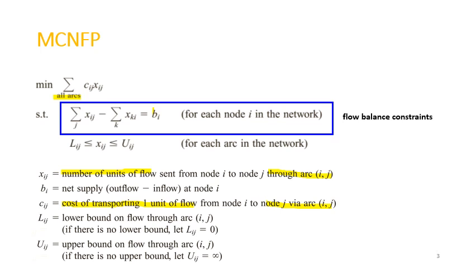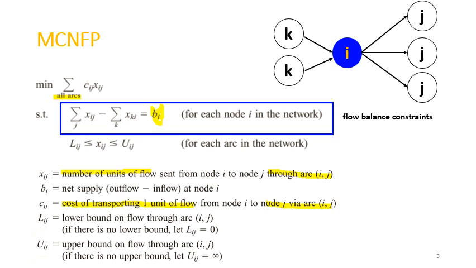So b_i shows the capability of a node to provide a net supply, so how much it can supply. It can be positive, which means it has the capability to supply more than it consumes. It can be zero, which means it supplies as much as it consumes or receives. It can be negative if what the node receives is bigger than what the node can send through the other nodes.